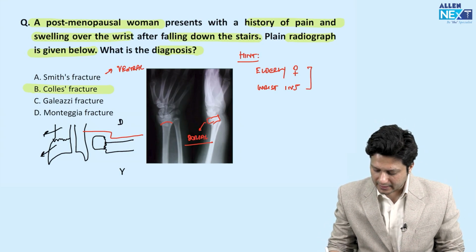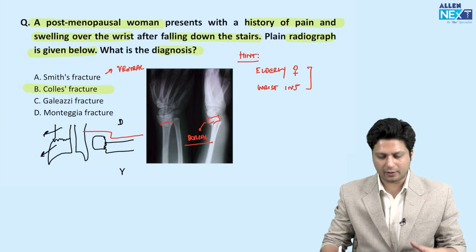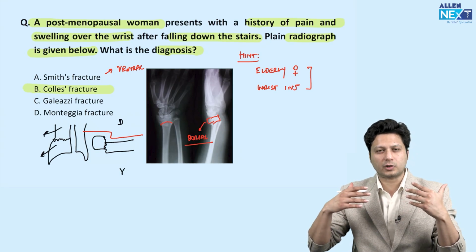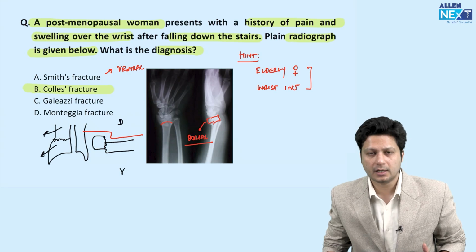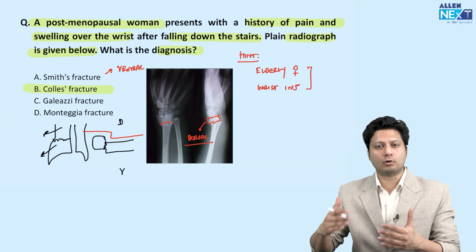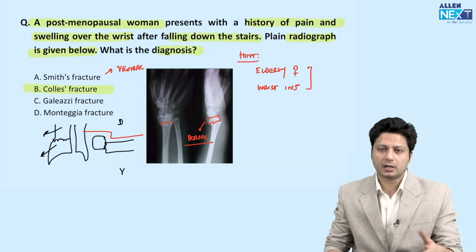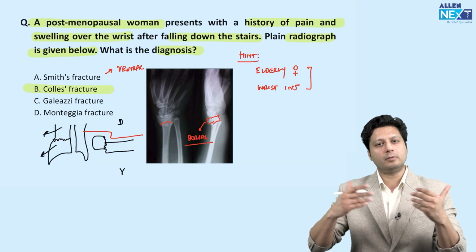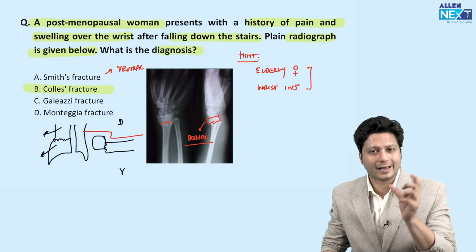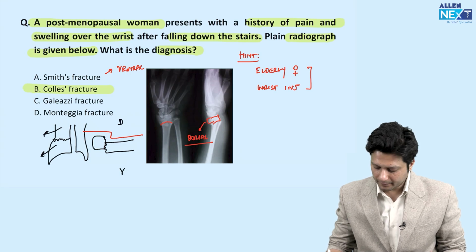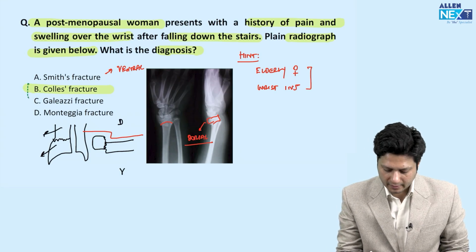As far as Galeazzi and Monteggia fractures are concerned, we have already discussed them hundreds of times. The fracture of the distal radius with distal radioulnar joint dislocation is Galeazzi fracture. The fracture of the proximal ulna with proximal radioulnar joint subluxation or dislocation is Monteggia fracture. So, the answer for this question straight away is a Colles fracture.